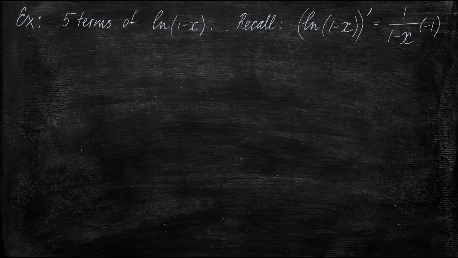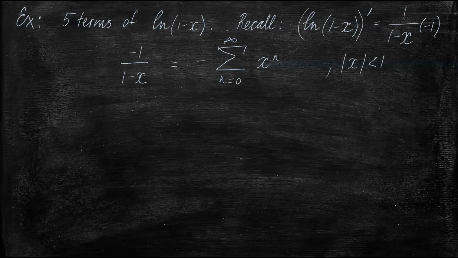So if we want to find ln of 1 minus x, the power series of ln of 1 minus x, let's consider the power series of this function. And it's going to be the negative outside. And again, this is a standard power series. And all of this is true on this interval of convergence.